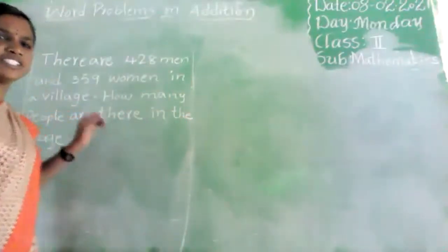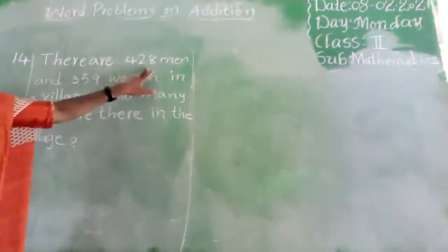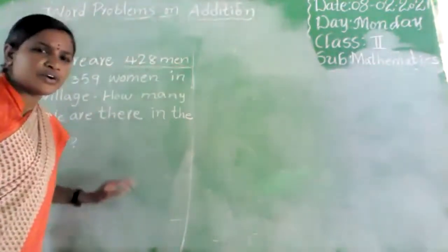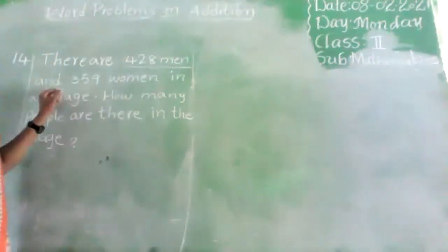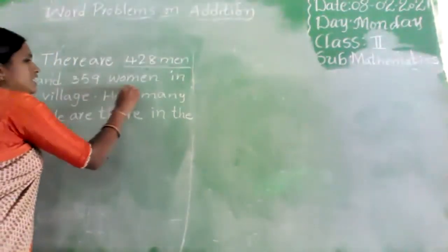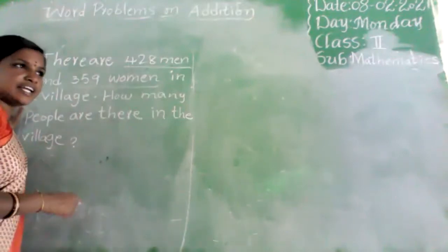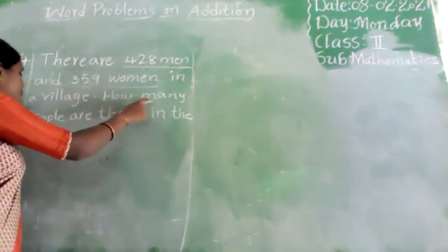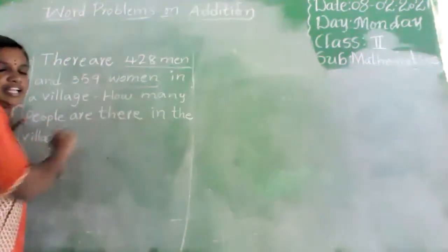See here, read this question. There are 428 men and 359 women in a village. How many people are there in the village?